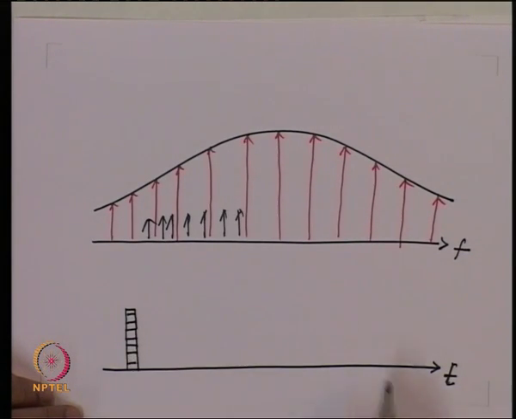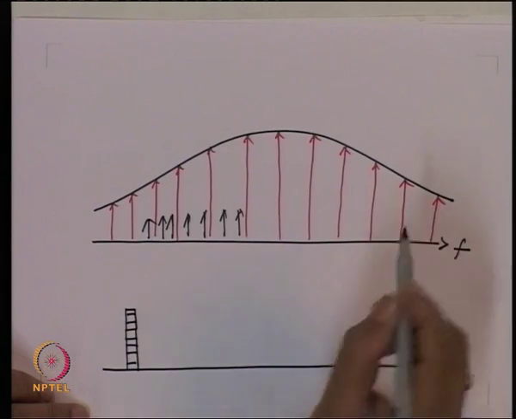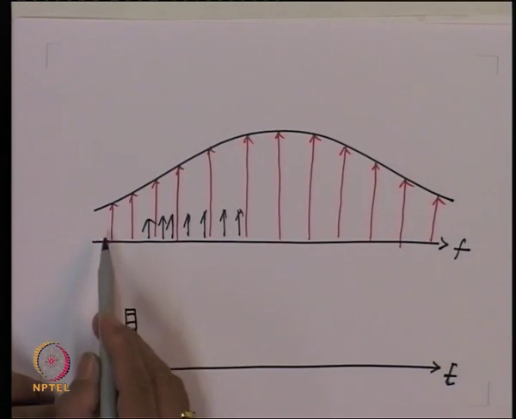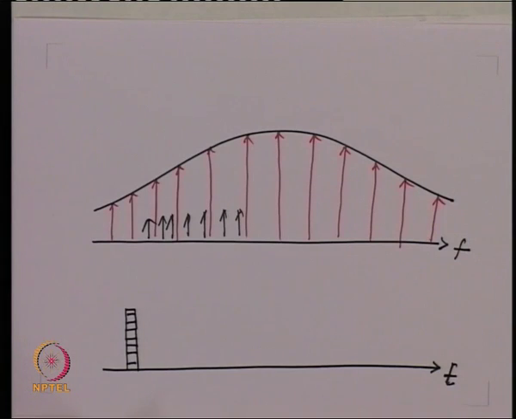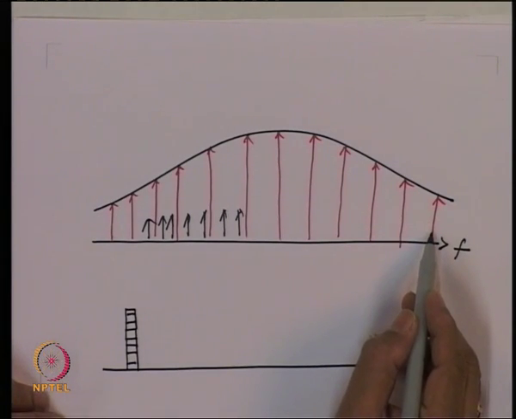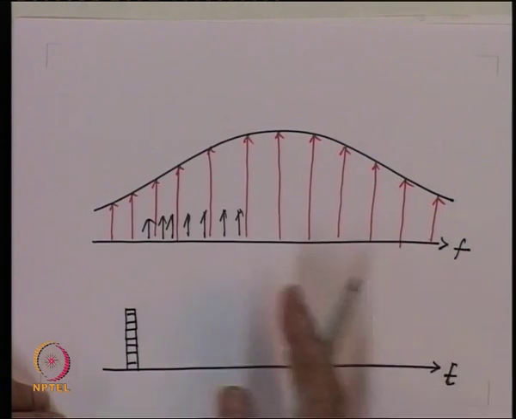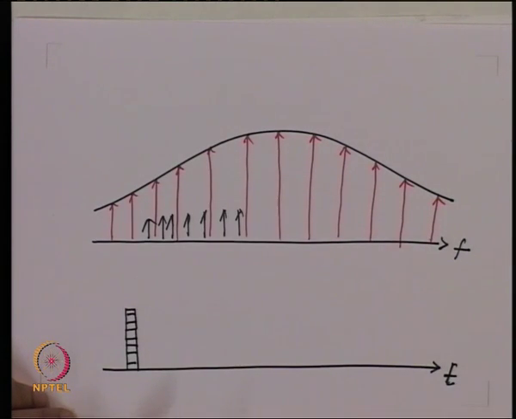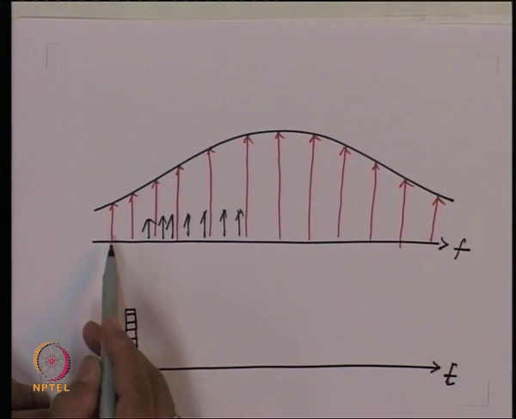Now you let these pulses move along the optical fiber, and let us say the high frequency travels faster compared to the low frequencies. Then the pulse riding on this carrier would go further, or go ahead of the pulse riding on this one.